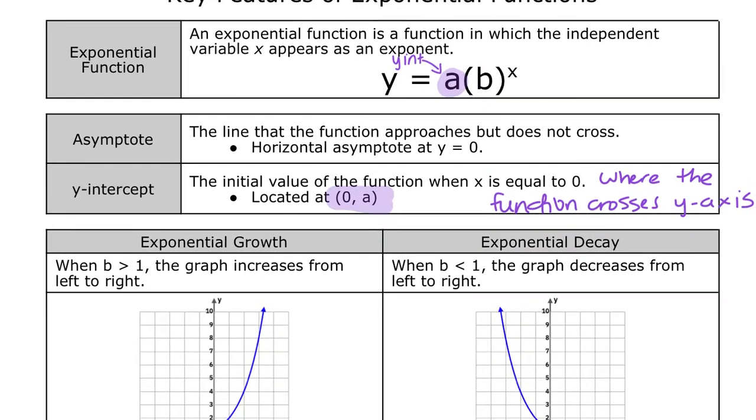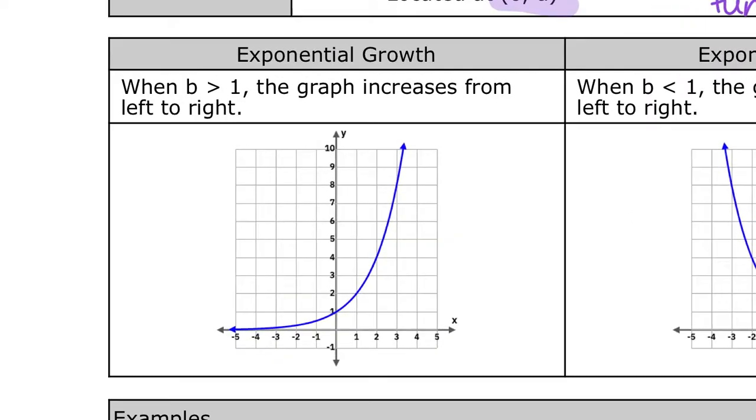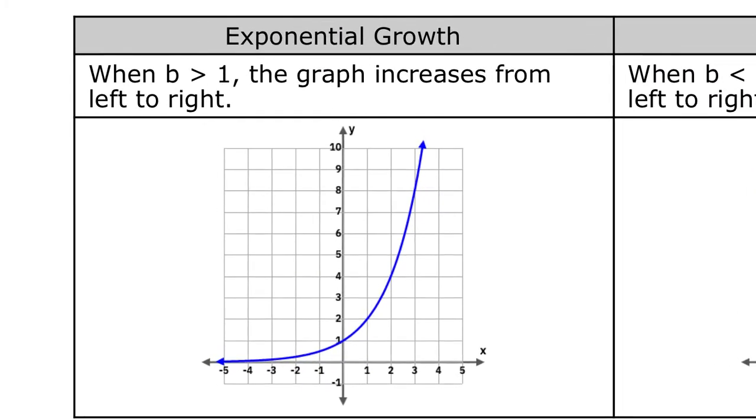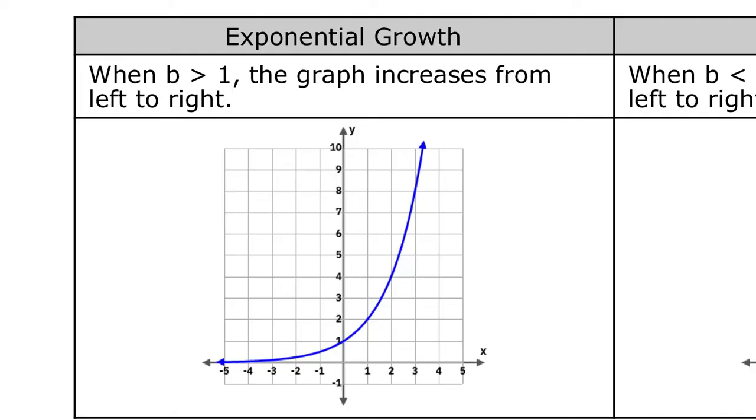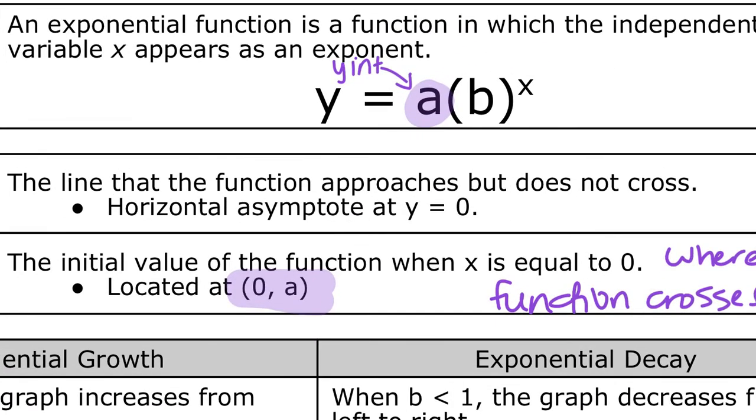Okay, so one more thing that we describe about exponential functions is there's actually two different types. There's exponential growth and there's exponential decay. So starting with exponential growth, when b is greater than 1, the graph increases from left to right. So that's the important part, b. So if you remember the equation, b is what's inside the parentheses.